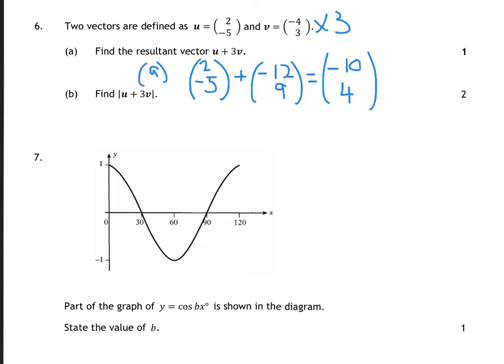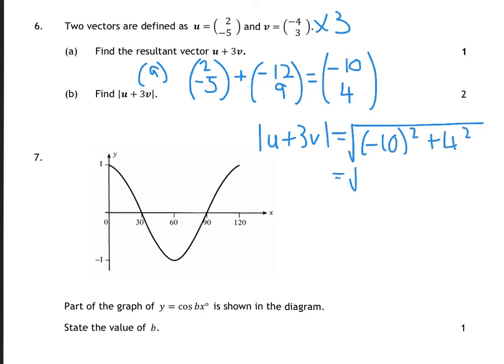Part B wants the magnitude of that. So the magnitude is when you take the square root of each of your numbers squared. So it's the square root of minus 10 squared plus 4 squared, which is the square root of 100 plus 16, which is just the square root of 116. And I would leave it like that.